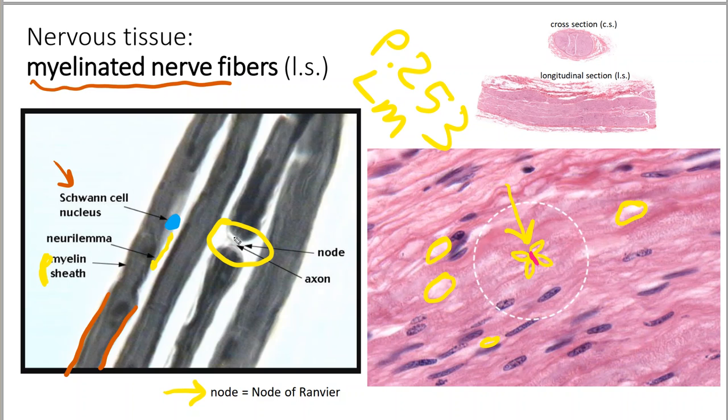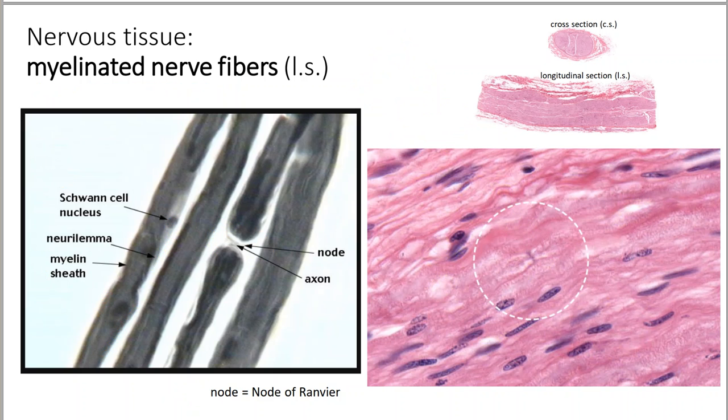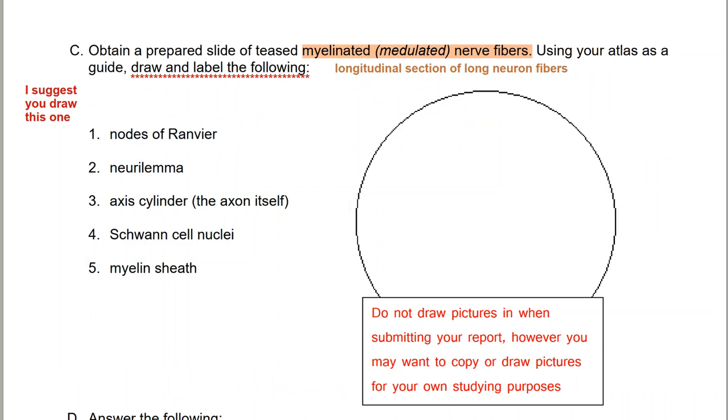So you're seeing the butterfly of the white myelin and then a little bit of the gap in between. That's a node of Ranvier, and that is what you are identifying here. You're understanding all of those bits of architecture in a longitudinal section of a peripheral nerve.